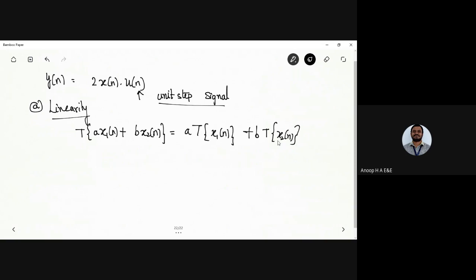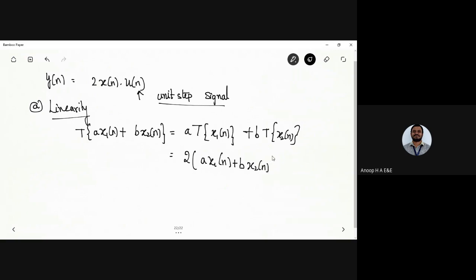So I'll be having the weighted sum of the inputs that you are going to apply. So we are going to have 2 times a x1 of n plus b x2 of n.